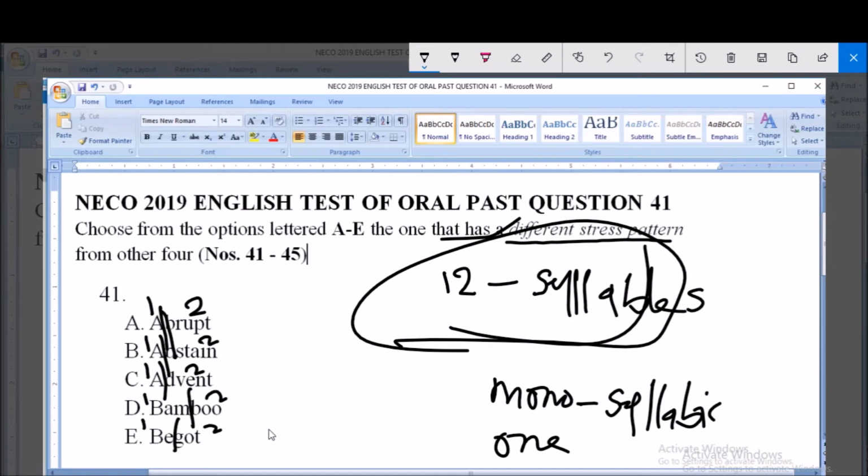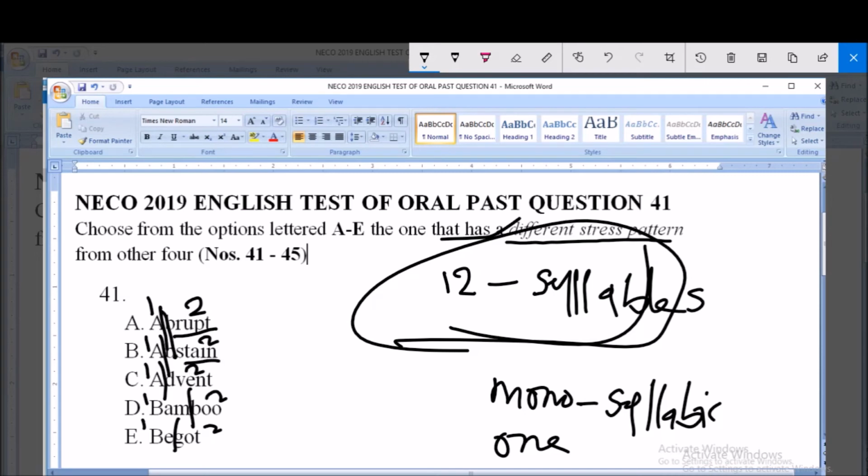Then when we talk of the first option, abrupt, it takes its stress on the second syllable. Then option B also takes its stress on the second syllable.